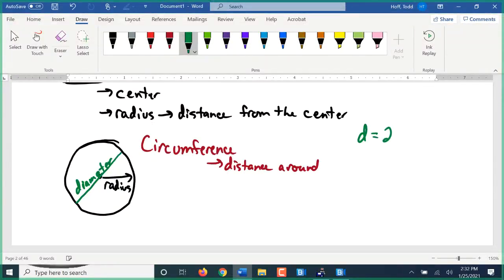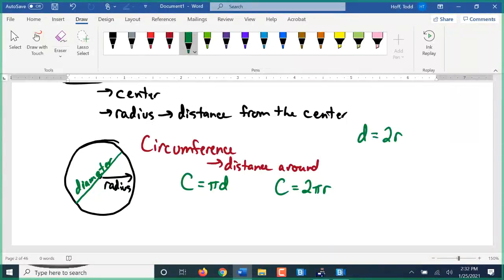Diameter is equal to 2 times the radius. Circumference is pi times the diameter, or 2 times pi times the radius.